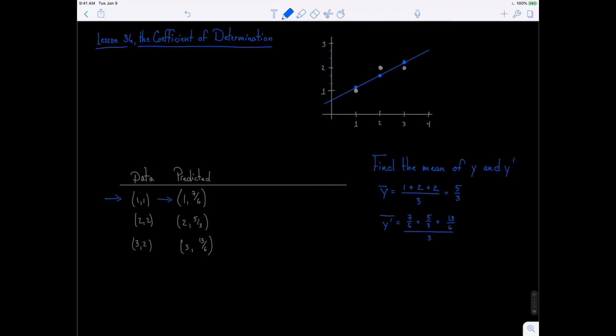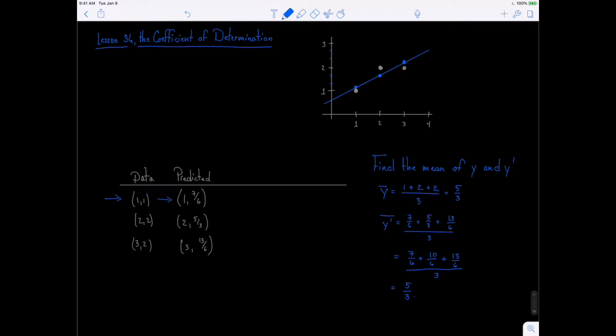It looks like I'm going to need 6. So that's going to be 7 over 6 plus 10 over 6 plus 13 over 6. All of that is over 3. And let's see, 7 plus 10 plus 13, that's 30, divided by 6, that's 5. So I have 5 thirds.